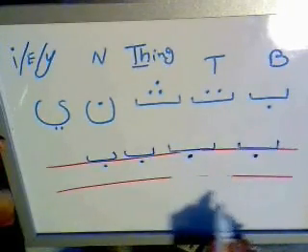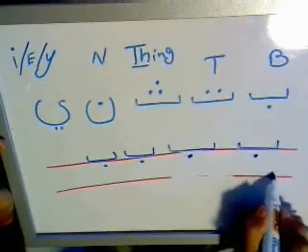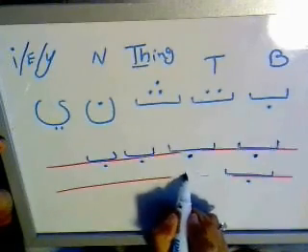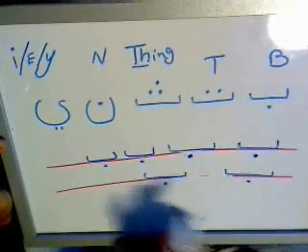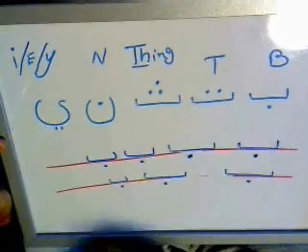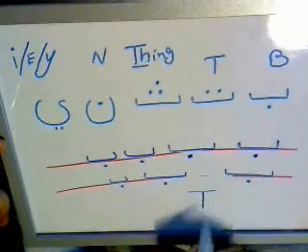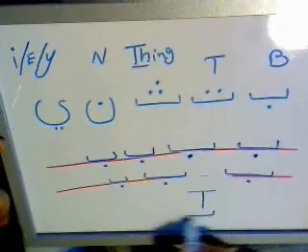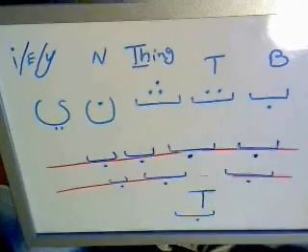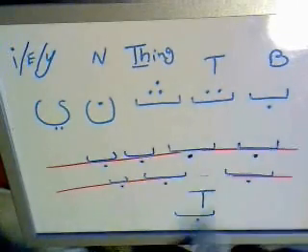So there's no importance of how long this part is. Just try to not make it very long or short. I mean, let's take the letter T in English. The ba in Arabic is a little bit longer than the T. Let's say something like this, but it doesn't really matter.